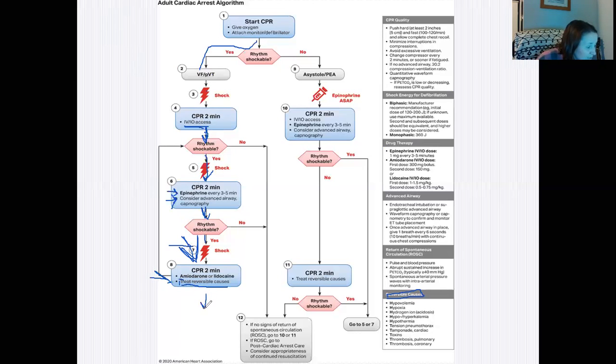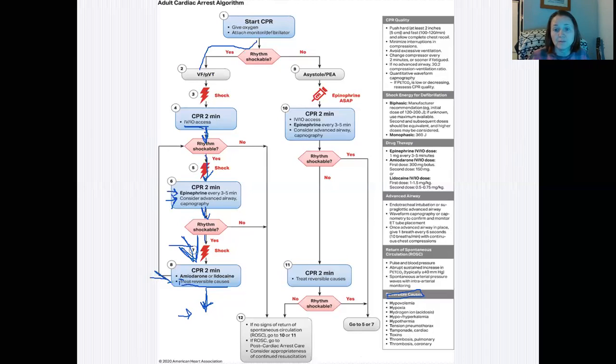But then it would be this next cycle, because this will just continue. We're going to keep doing this over and over until either we stop or we get a rhythm back. Then it would be the next one, we'll give another dose of epinephrine, another milligram. So every 3 to 5 minutes until CPR is finished, or whatever led you to stop CPR. All right, so that is what we're going to do when we're going through that shockable rhythm.